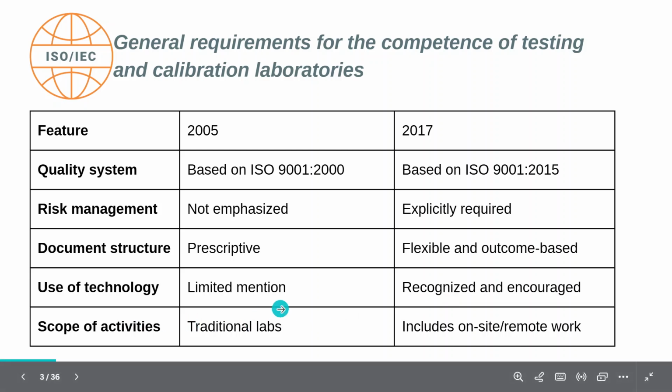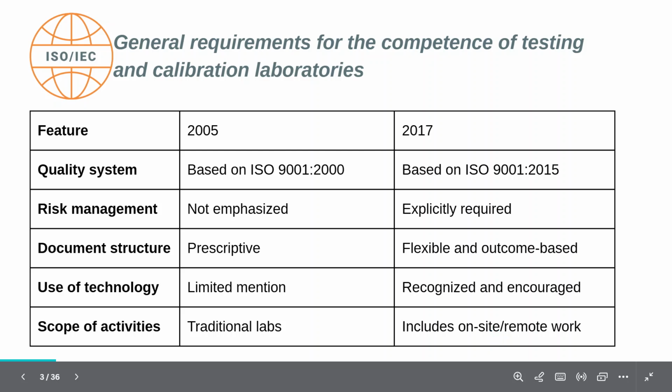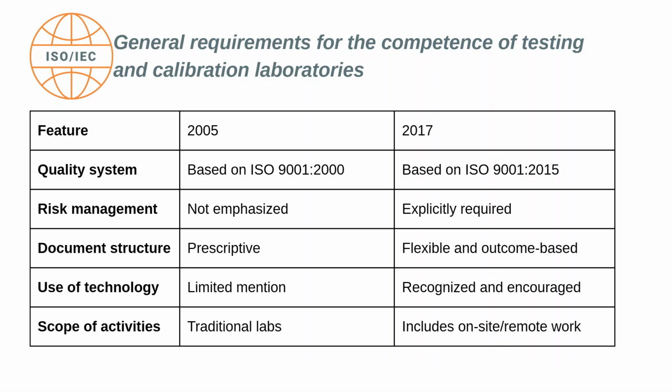The scope of activity is also a very important thing where a big change has happened. Earlier, ISO 17025 was given only to traditional laboratories, but they have changed that. It is not necessarily only the lab. ISO 17025 can be given to an entity which can perform the task on the site of the client, or which can also do remote work.